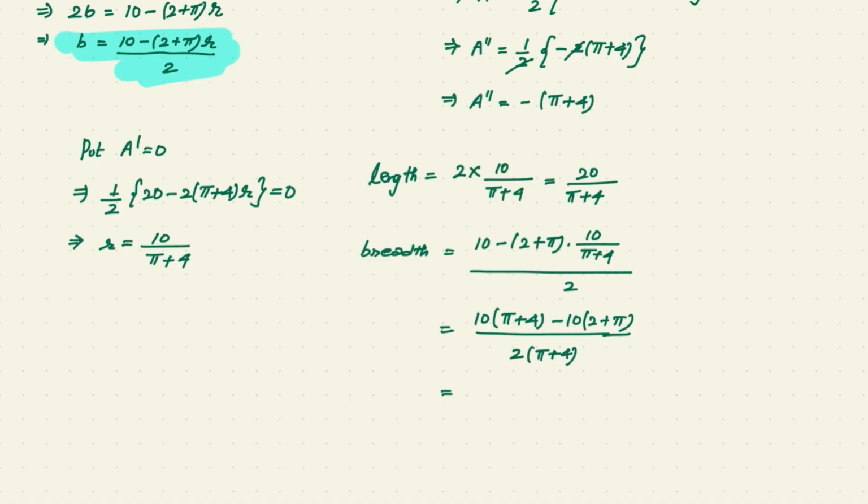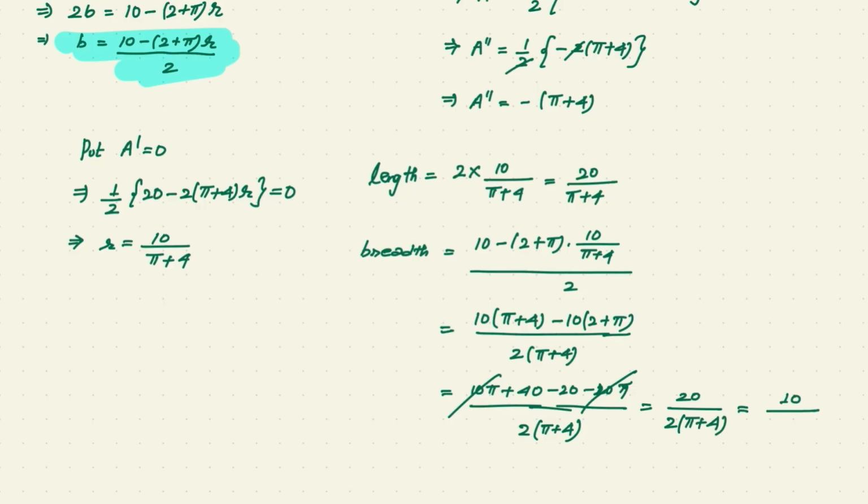So this equals 10 pi plus 40 minus 20 minus 10 pi over 2 into (pi plus 4). So here 10 pi and minus 10 pi got cancelled. So this equals 40 minus 20, which is 20, by 2 into (pi plus 4), and hence the breadth should be 10 by (pi plus 4).